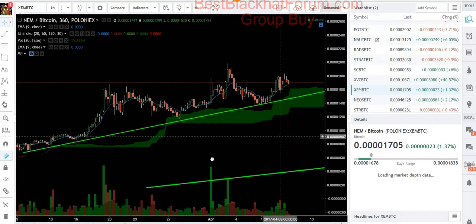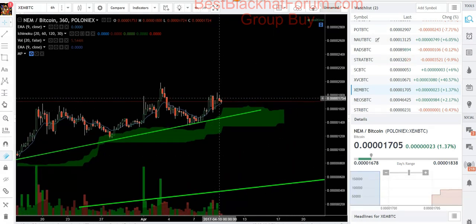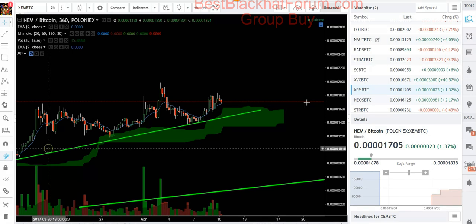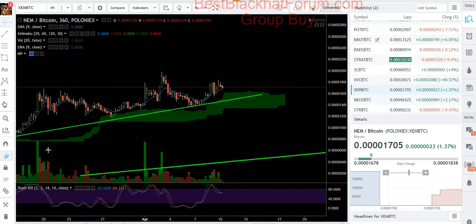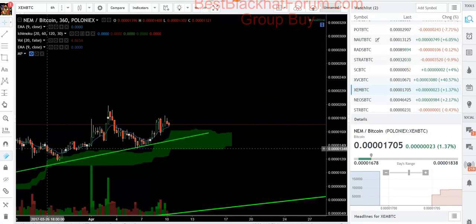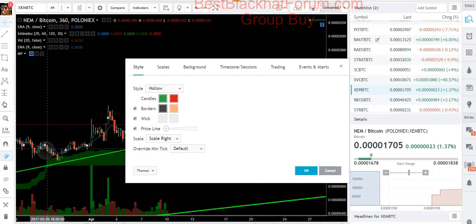I wouldn't be surprised if this thing consolidates in this area, has trouble around the 1700 mark or so, and then falls back down to the cloud and bounces again. But this entire trend it's in is not going to fall apart until it breaks this cloud.